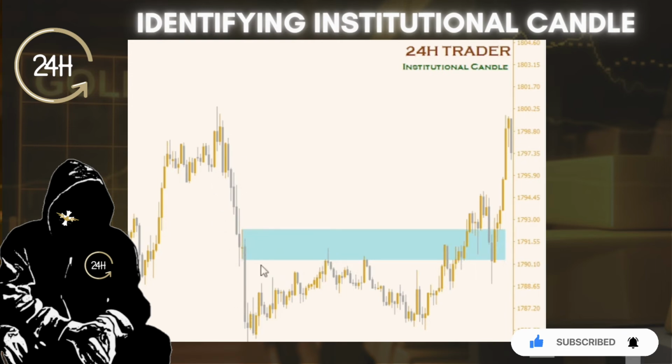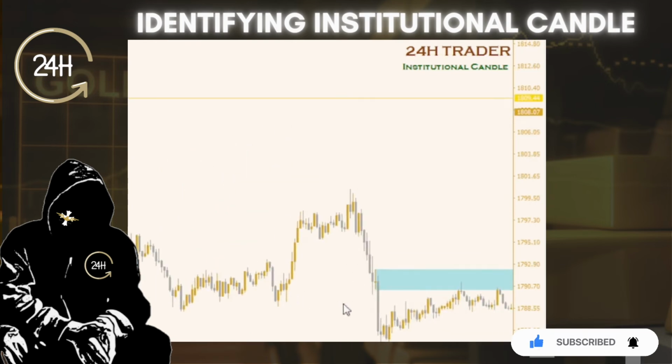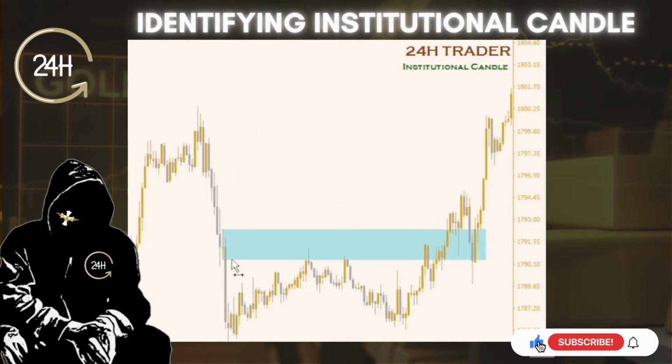So yeah, institutional candle can be found on any time frame, and you can still trade on it. As long as you find the institutional candle, it will give a strong support and resistance area on any time frame. So just be sure that you are aware and identify a good, confirmed institutional candle, so that you will trade properly.